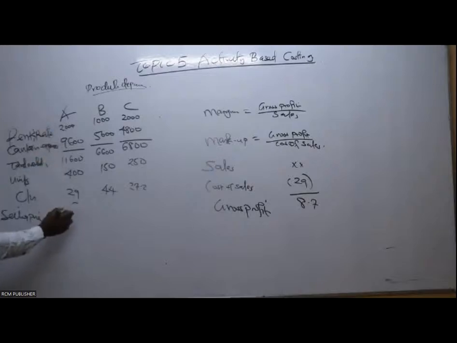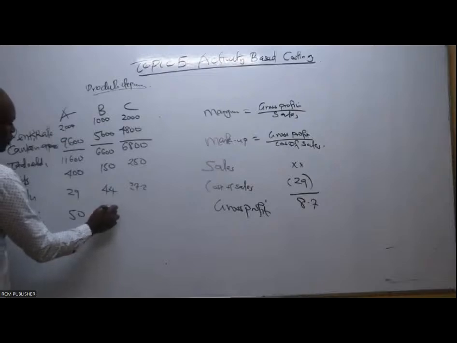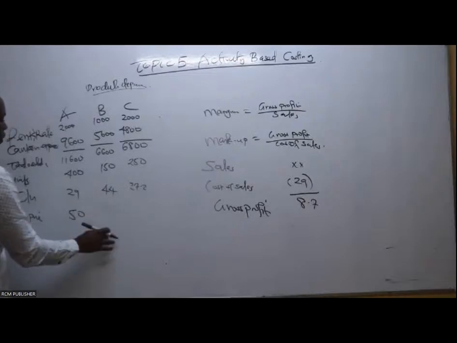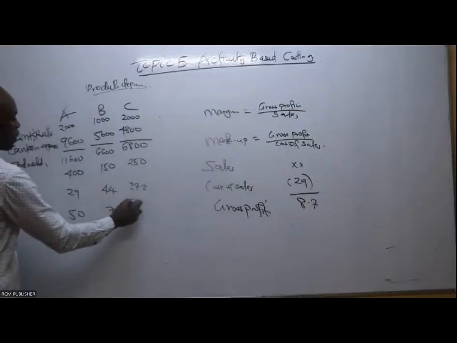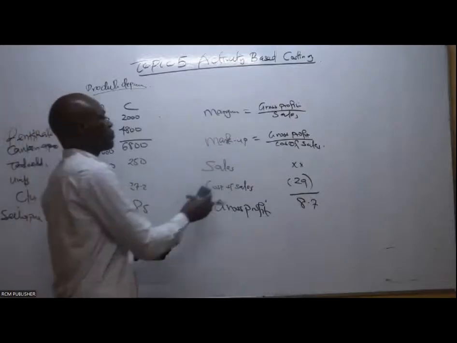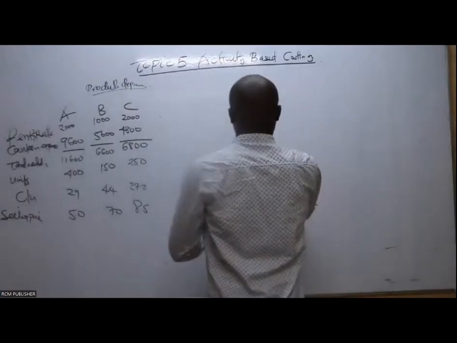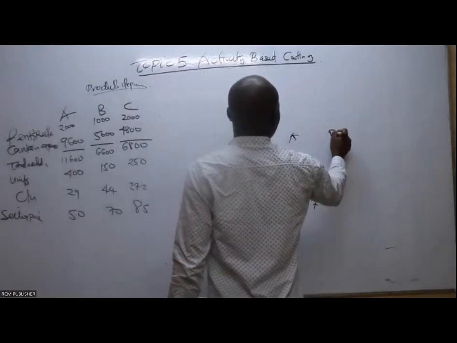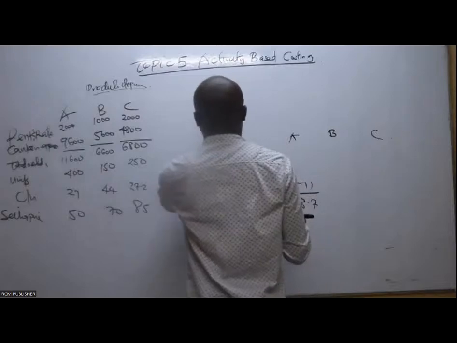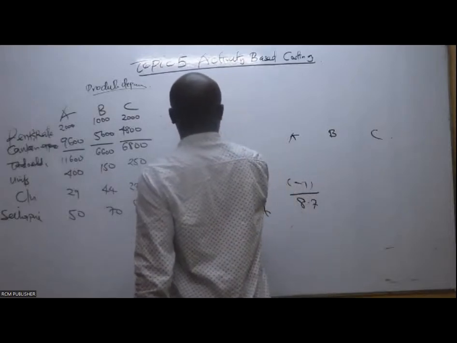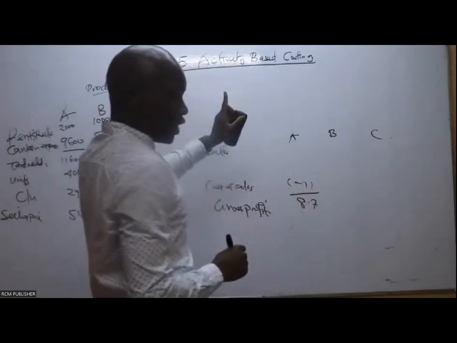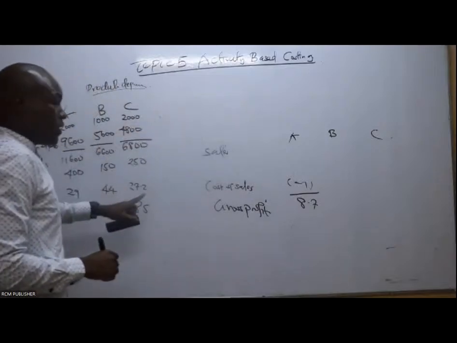Selling price of this part here, we have 50, we have 70, we have 85. So we have sales for A, B, C. Sales or selling price, because we are getting it per unit. They will always give you maybe per unit first.